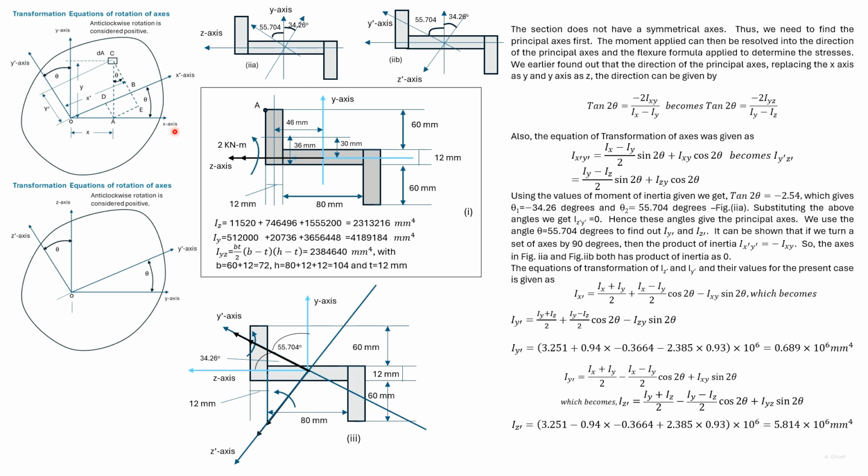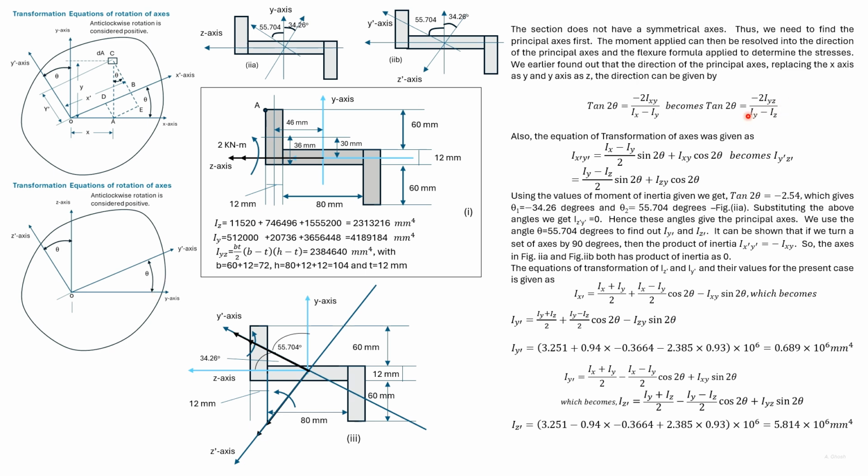We earlier discussed that given an arbitrary set of axes, we can find out the angle theta at which the product of inertia is zero. The formula was initially found using the xy plane. We can change it to the yz plane.